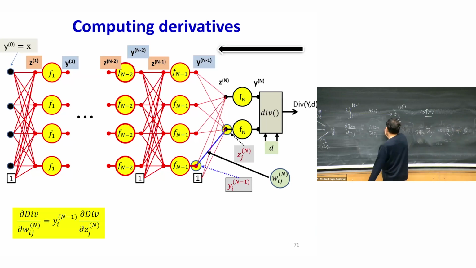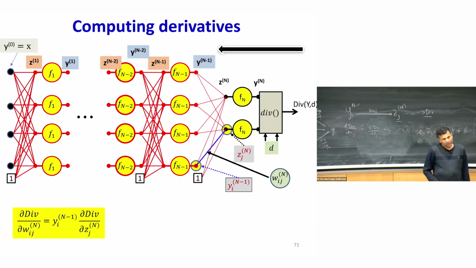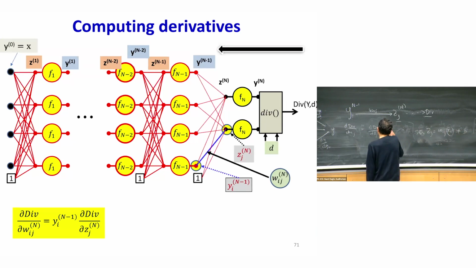That's simply going to be yi, correct? What about the derivative of the divergence with respect to yi in this case? By symmetry, that's going to be the derivative with respect to zj times wij, because these two are getting multiplied, right?